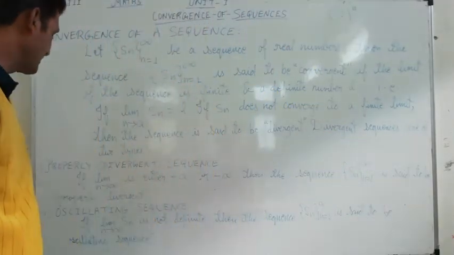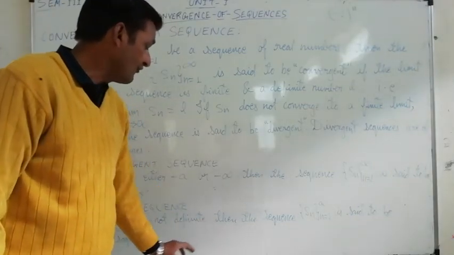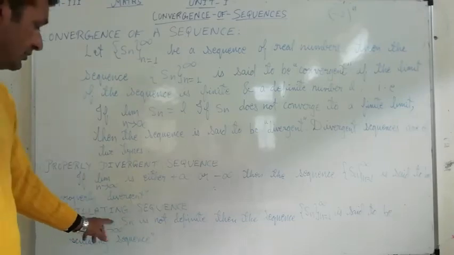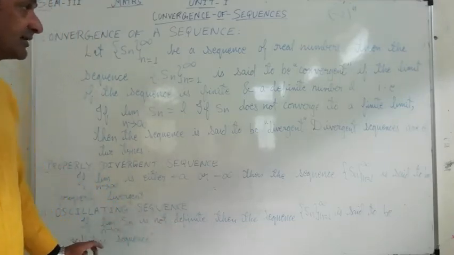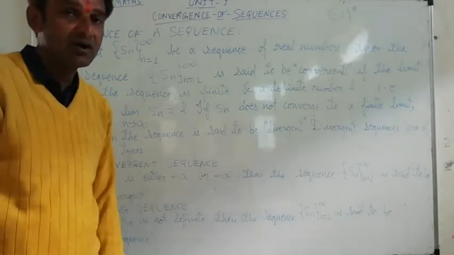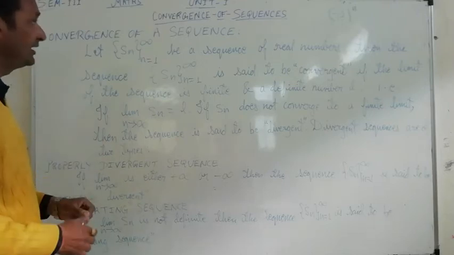Such a sequence is known as an oscillating sequence, which does not have any definite value after solving the limit up to infinity.